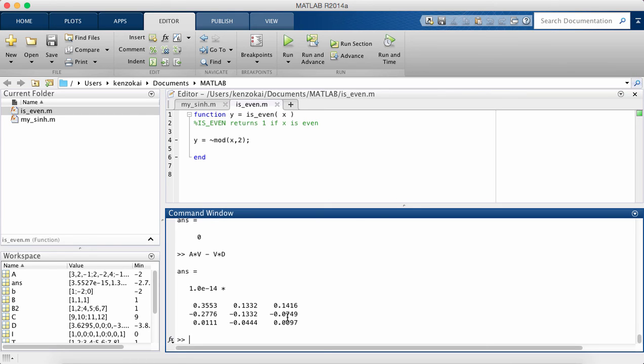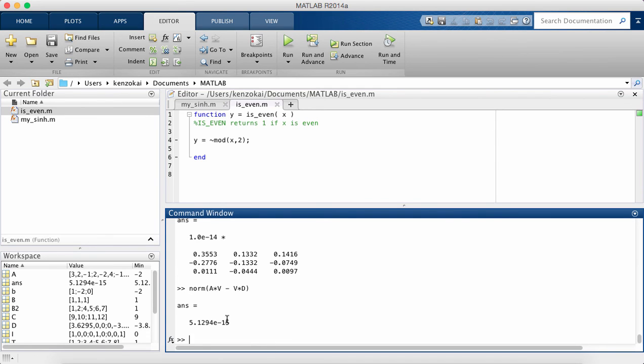With vectors we can do that; with matrices, we call that the norm. Typically, in a Euclidean space, it's all the elements squared, added together, and then you take the square root. In Matlab, there's a function called norm that does this. Let's see what that gives us. It gives us one very small number, 5 times 10 to the minus 15, which we can use to confirm that it's very close to 0. So A*V is very close to equal to V*D.